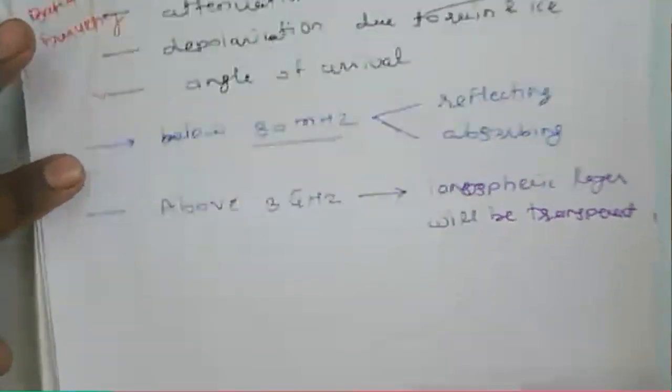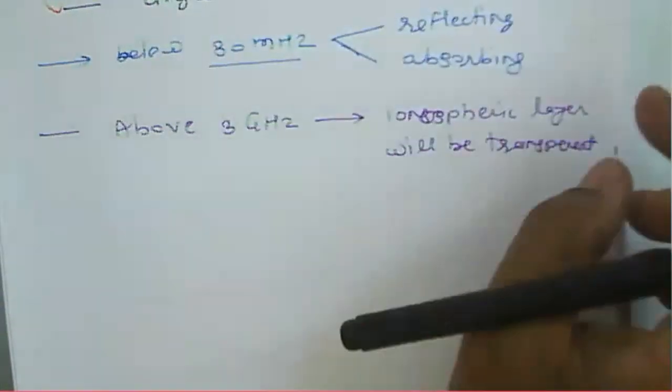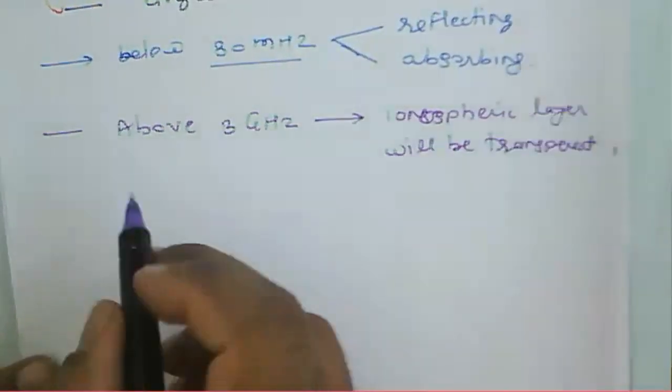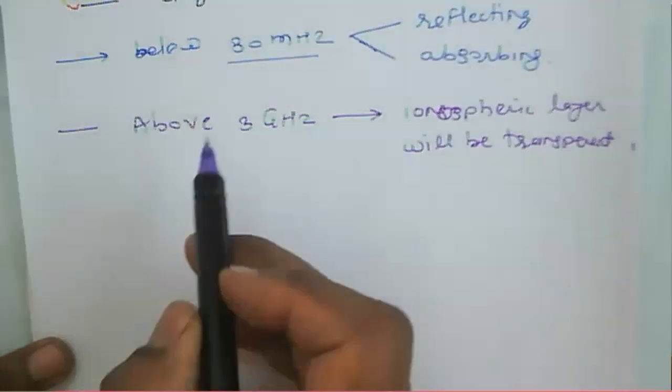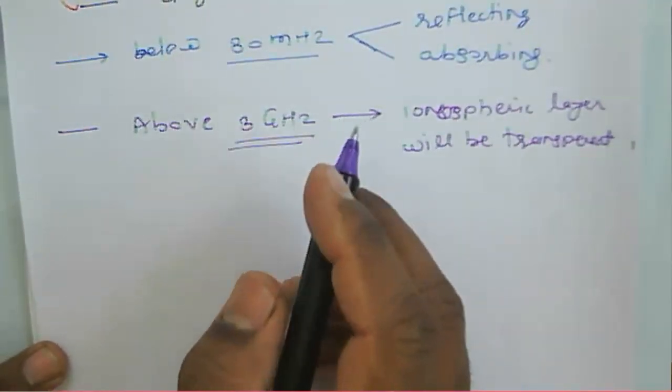Above 3 gigahertz frequency, the ionospheric layer will be transparent, so we can communicate or transmit the signal. Transmission of the signal takes place above 3 gigahertz of frequency.